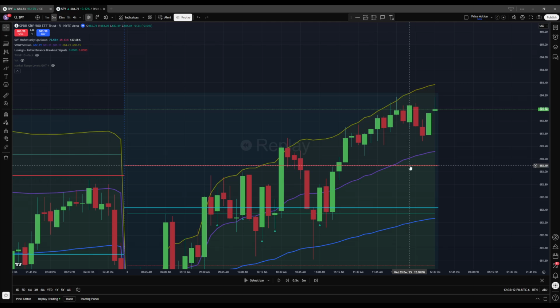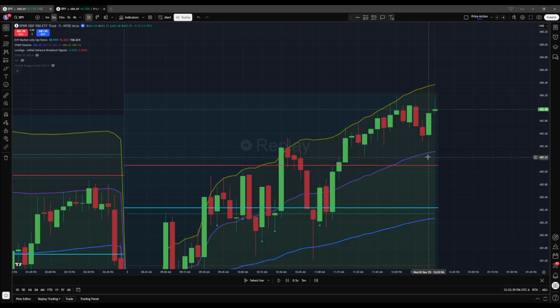Gosh, I hope you're not holding this trade still at this point, but if you are, this is your invalidation zone, 683.11, because that's what your original trade was based off of. If VAH jumps up to here, right, and you're like, crap, well now it's above my price, should I exit, right?